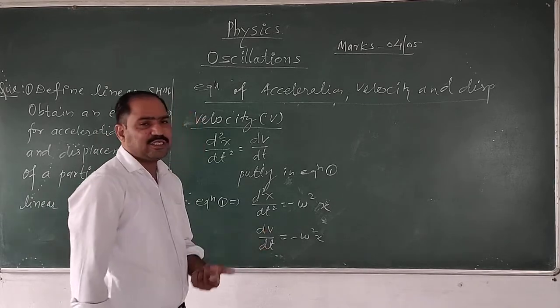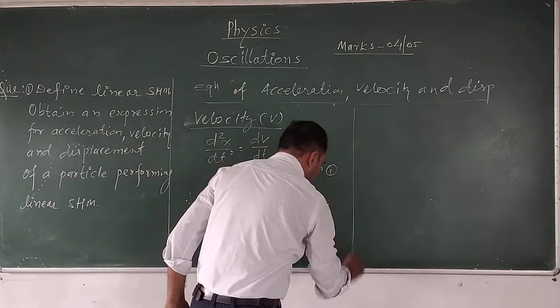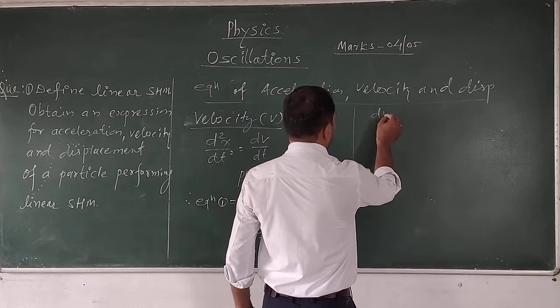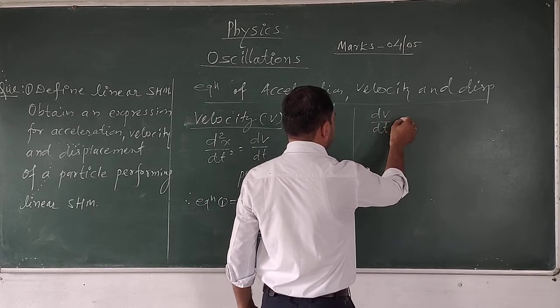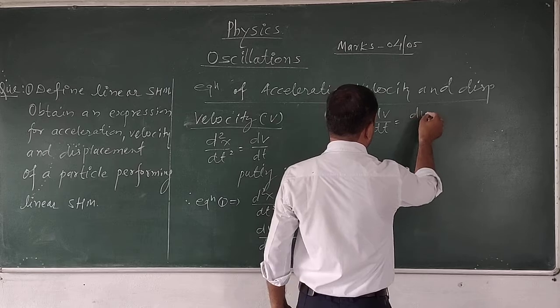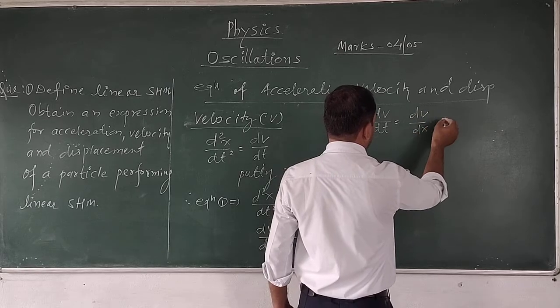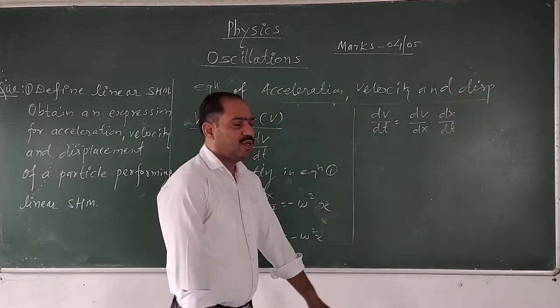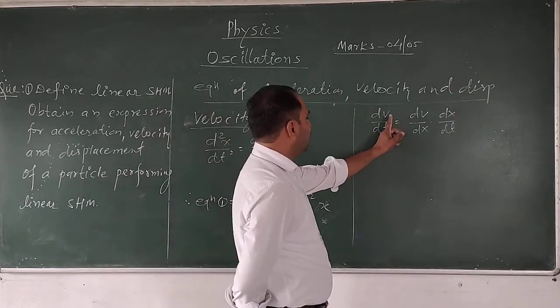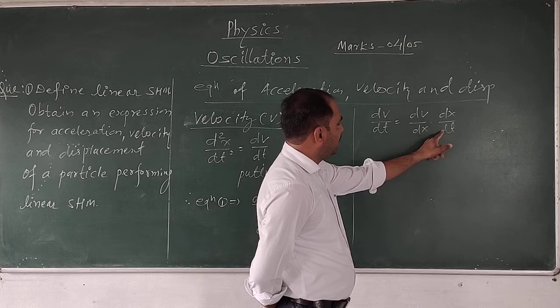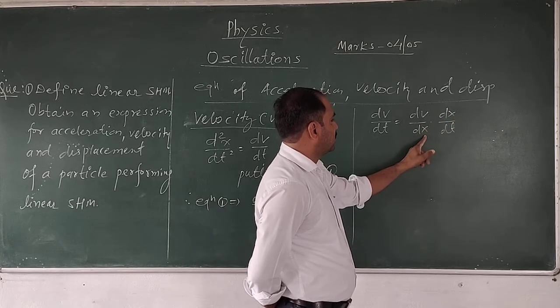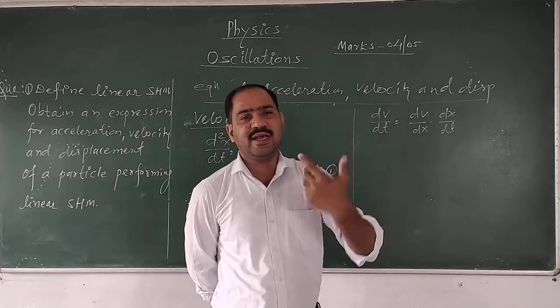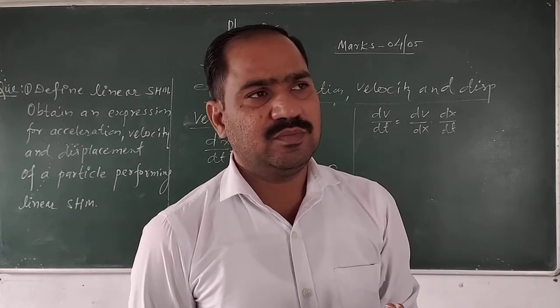But dv upon dt is equal to what? Rearranging this term, dv upon dt is equal to dv upon dx into dx upon dt, by multiplying dv upon dt by dx upon dx, which is equal to 1.